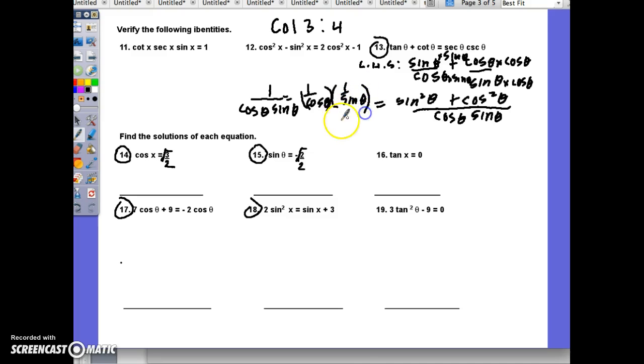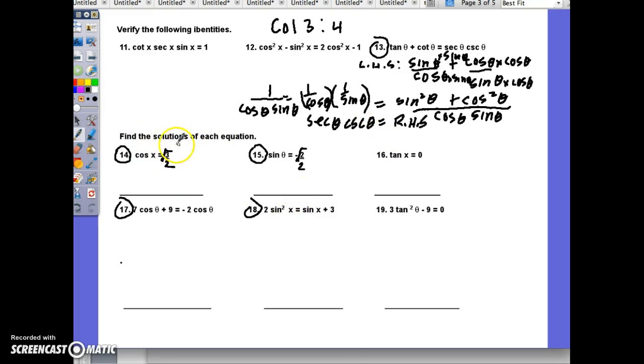You already know what that is. 1 over cosine is secant, times 1 over sine is cosecant. And what do you know? That's the same as the right-hand side. Equals right-hand side. All right? So that's the way you do that. Very sequentially all the way down to where you get it equal to the right-hand side.